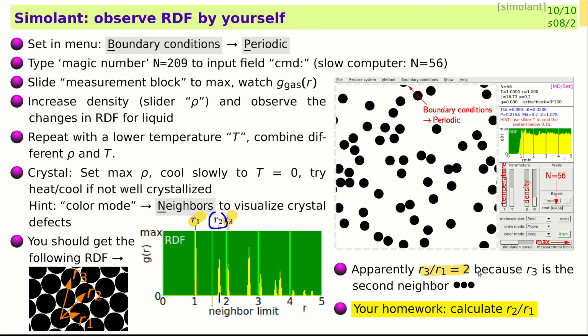And your homework will be to find what is theoretically in this lattice the ratio of R2 to R1. Okay? And then you can check whether it really is detected correctly. So thank you for your attention for today.